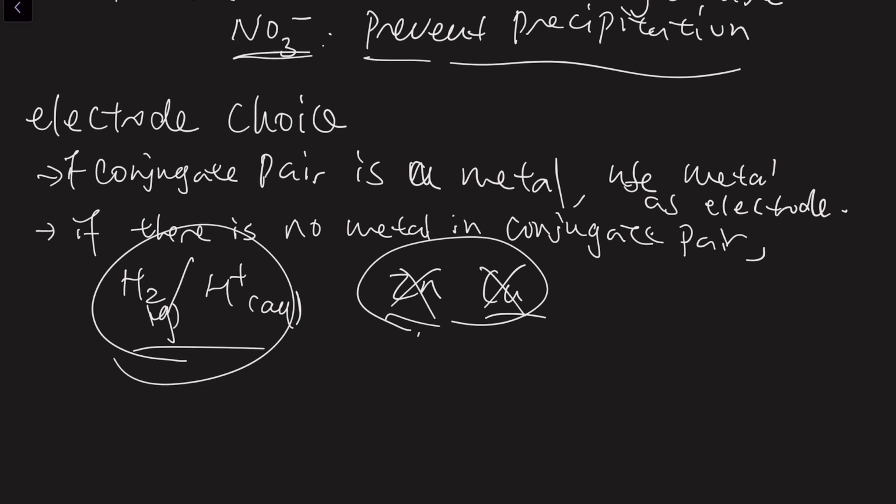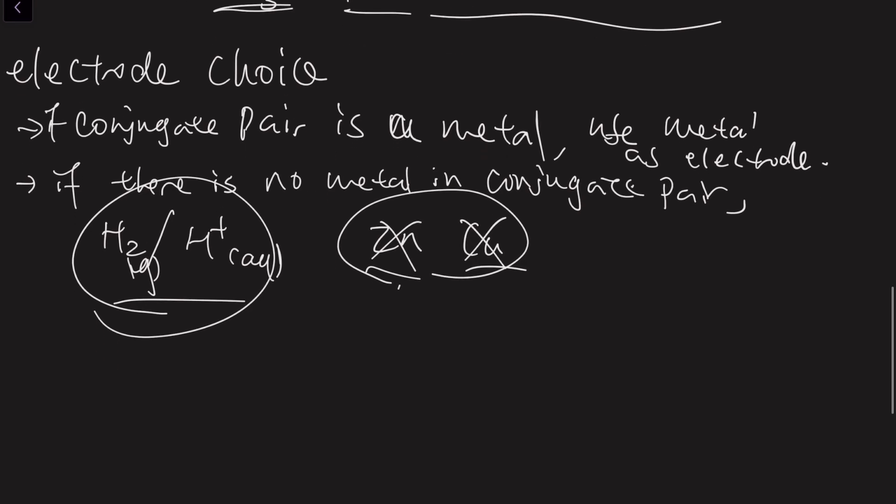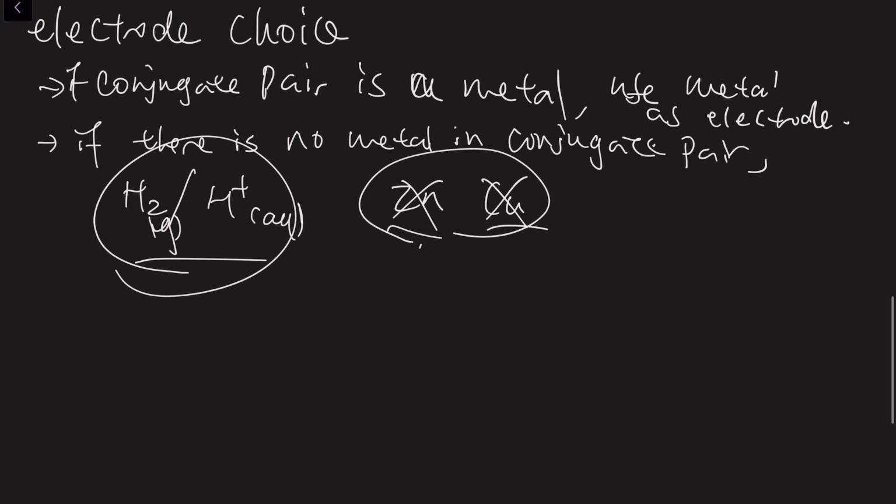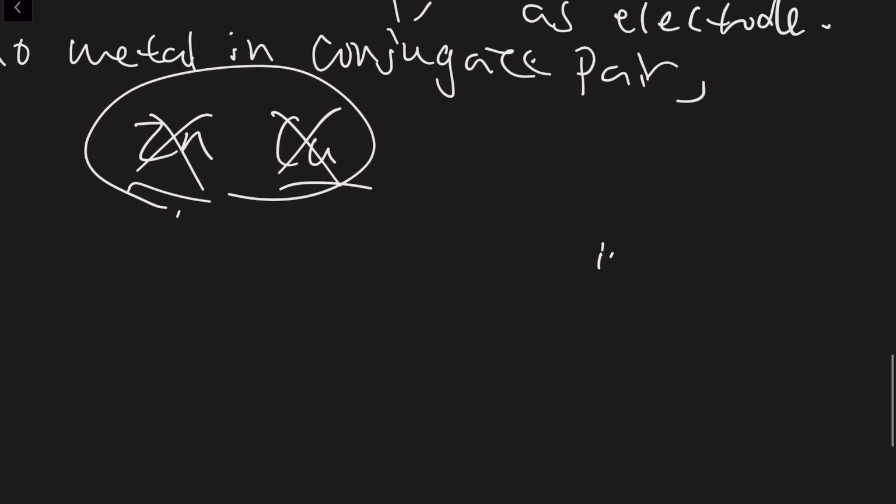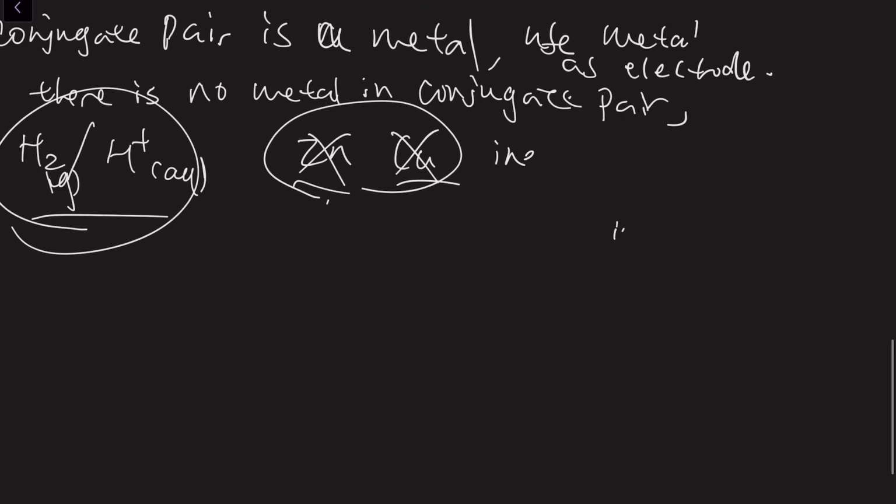Maybe they will not react, but maybe they will. So you are actually taking some risk here. And we do not like taking on risk, especially in the exam. So that's why we need to use something called inert electrodes.